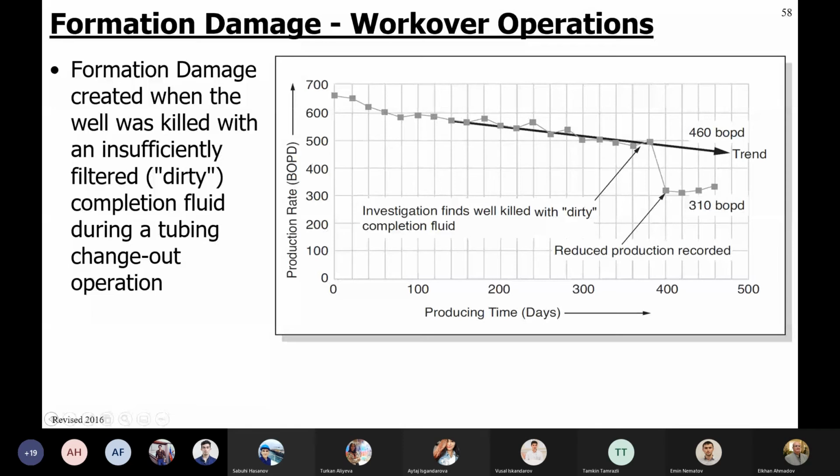So this is the example of formation damage due to the workover operations.